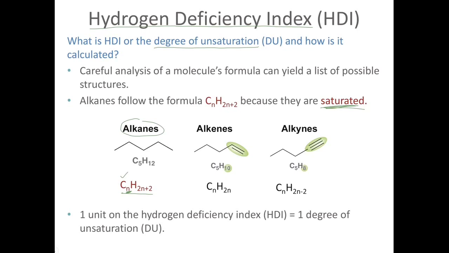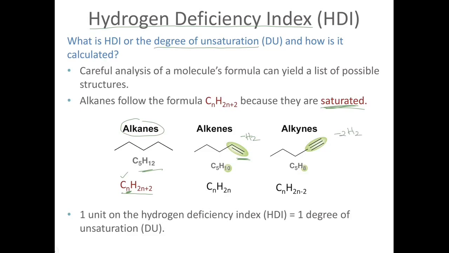If we compare this alkane over here and the alkene, what you notice is that the alkene here is lacking 2 hydrogen atoms, which is 1 molecule of hydrogen. So it has minus 1 molecule of hydrogen. The alkyne is lacking 2 molecules of hydrogen.